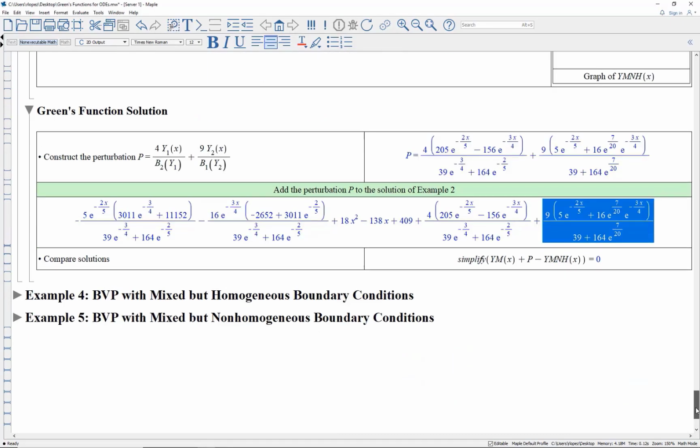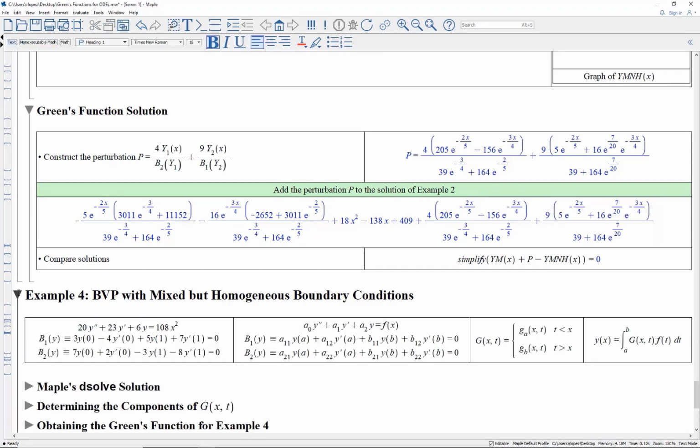Example 4, mixed boundary data. But we'll start out with it being homogeneous. By mixed, we mean you have Y at the left end and Y at the right end appearing in one boundary condition. And the same thing happens in the other boundary condition: Y at the left end mixed with Y at the right end into one boundary condition.